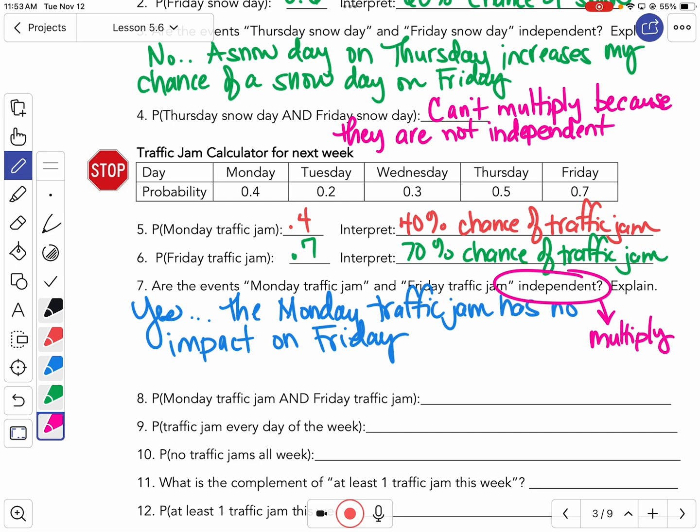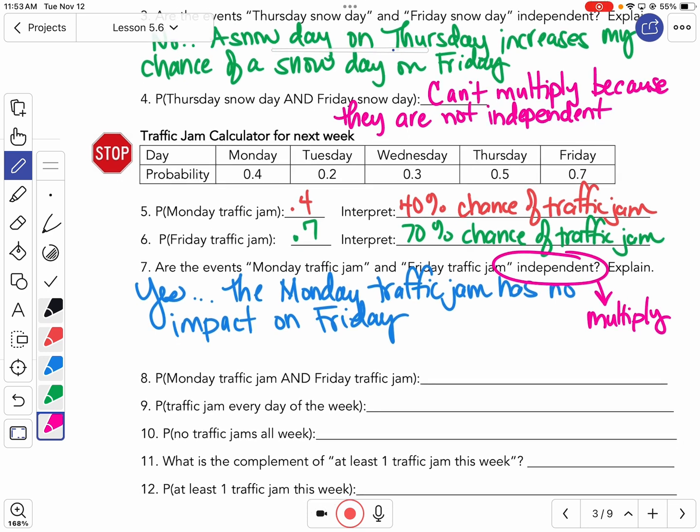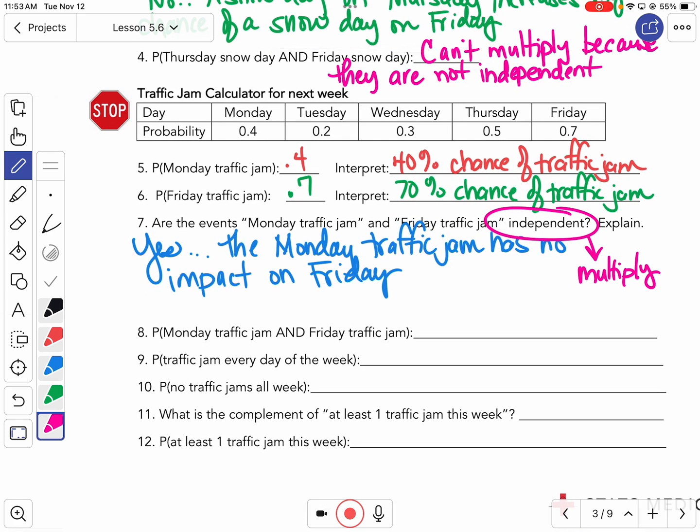All right? So when I look at 8, the probability that we'd have a traffic jam on Monday and a traffic jam on Friday, well, my Monday probability was 0.4. My Friday probability was 0.7. We just multiply them together. So the probability that I'd get a traffic jam on both would be 0.28. All right, so just multiply. Okay, how do you think we would do the probability for a traffic jam every day of the work week?